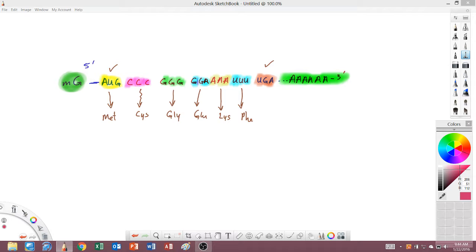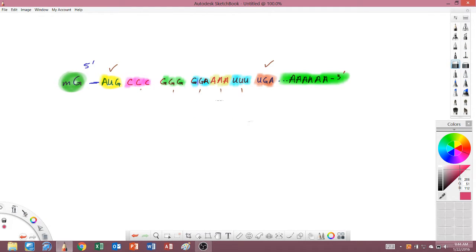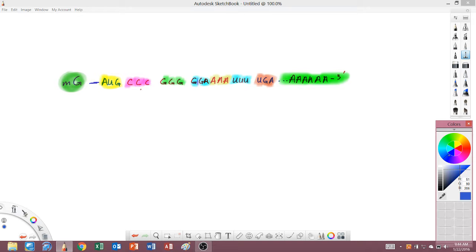But let's start with protein synthesis, now translation. So once we have this mature mRNA, the next thing is the large subunit of ribosomes will come. So first, who brings amino acids to the site of translation? tRNA. So we will have a lot of tRNAs.